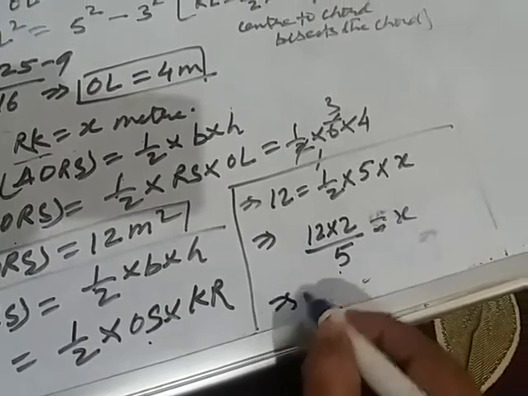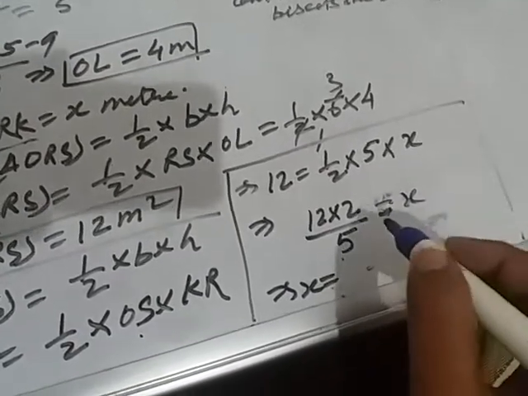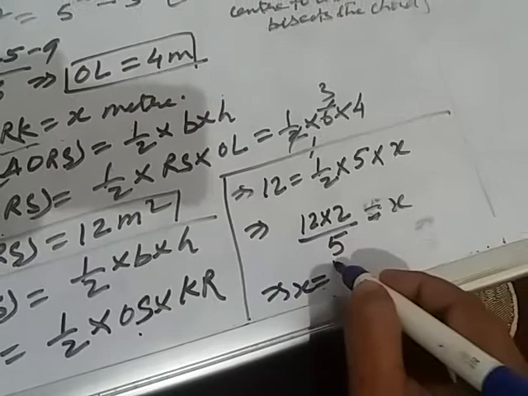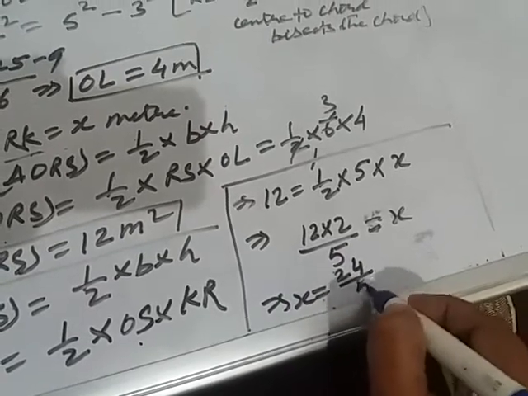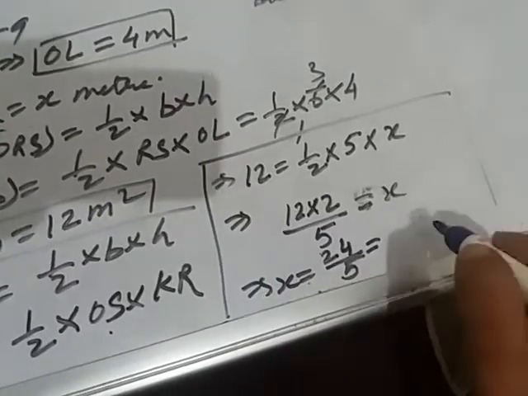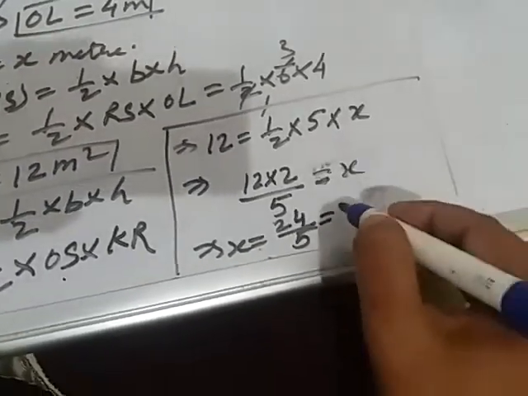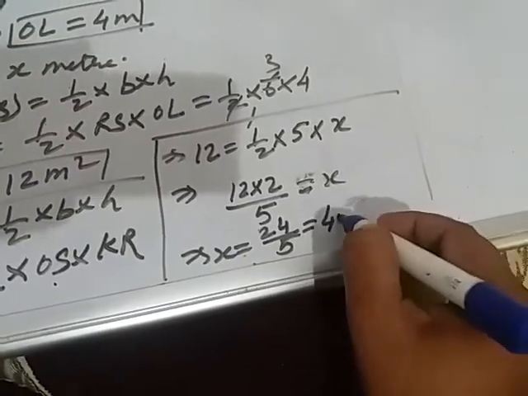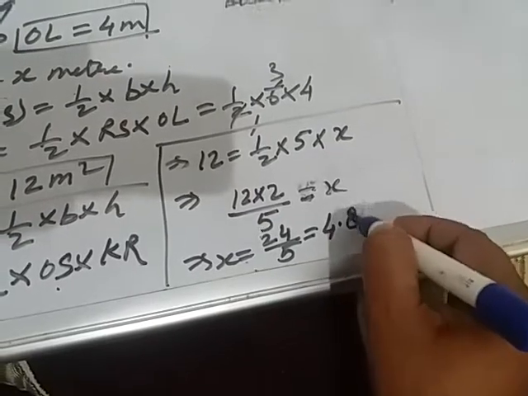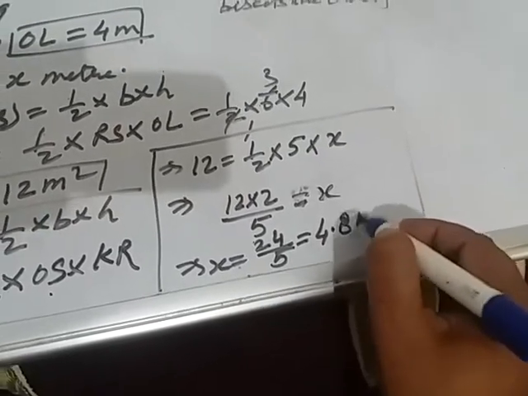This implies that X equal to 24 upon 5, and 24 upon 5 equal to, 5 4s are 20, and 5 8s are 40, that is 4.8 meter.